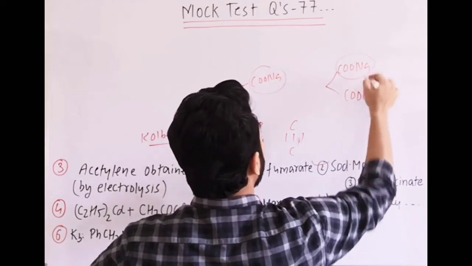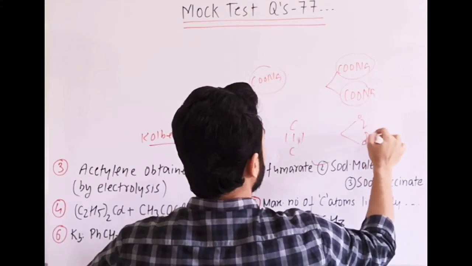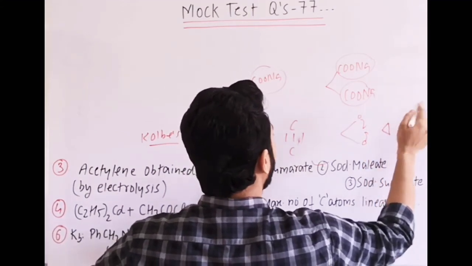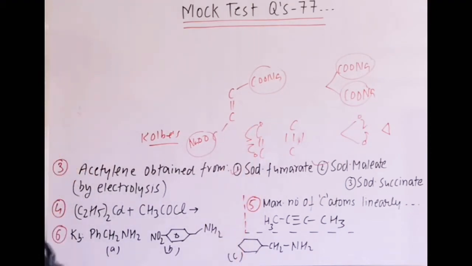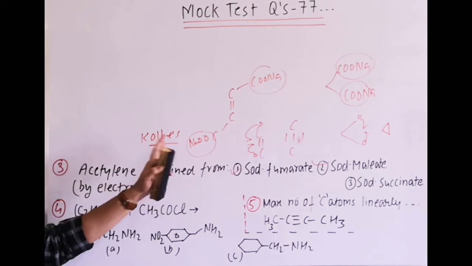When they leave, it results in a radical which gives cyclopropane, or if it combines, it gives cyclohexane also. But ultimately this will not result in any formation of acetylene. So the answer will be both sodium fumarate and sodium maleate by the Kolbe electrolysis method.